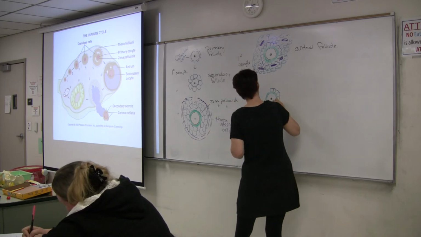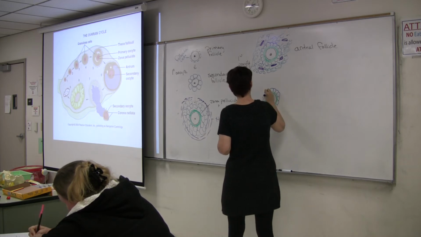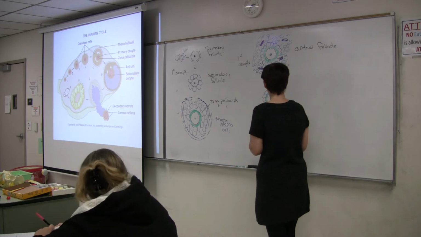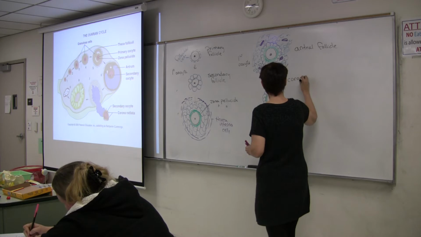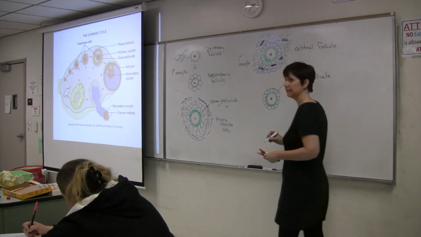This single layer of follicular cells that are stuck to the zona pellucida are going to be ovulated with the egg. We now give them a name. The corona radiata.